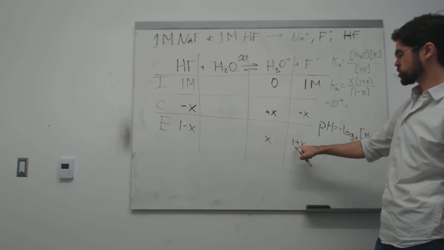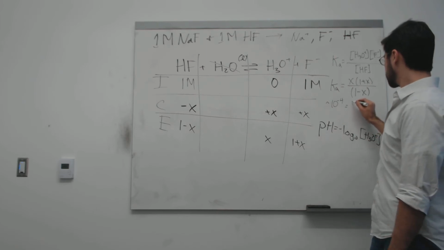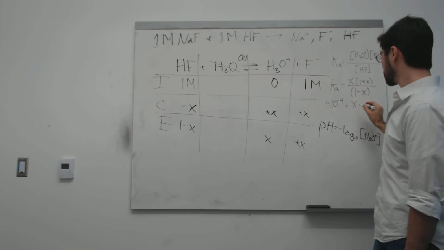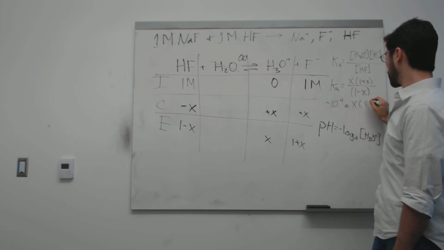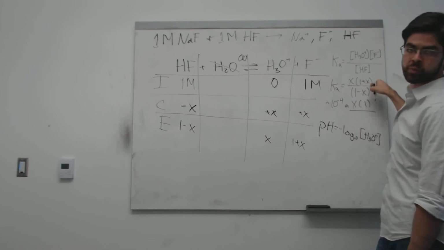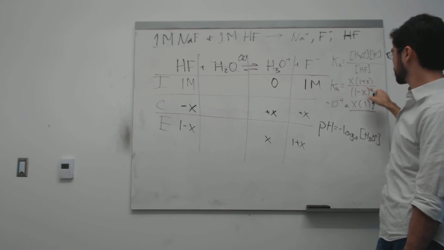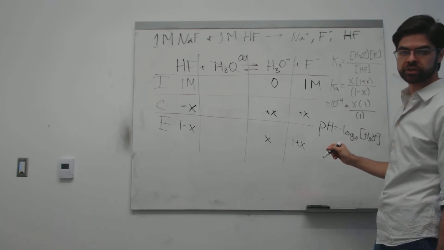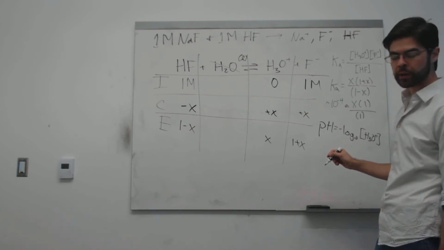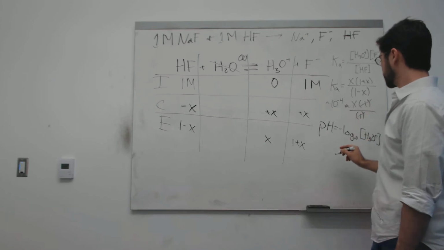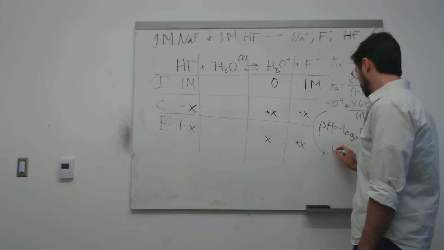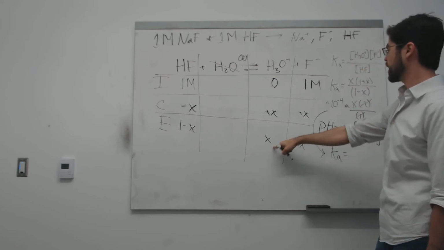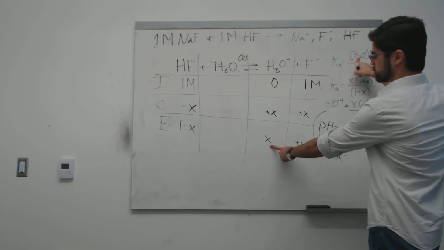And if it's relatively small, then I can say, okay, 1 plus X, if X is small, that's pretty much equal to 1. 1 plus something very small is still basically 1. 1 minus something small is still pretty much 1. So those 1's cancel, and then I can say that Ka is approximately equal to X, where X was your hydronium concentration.